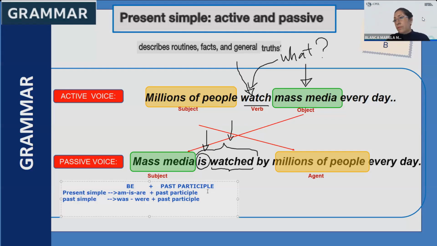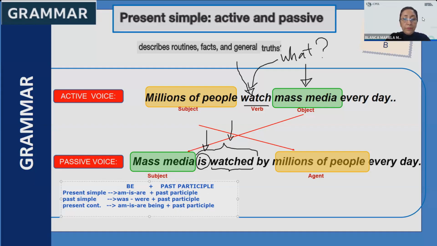For example, present continuous. In present continuous, you say the verb to be am, is, are, being, plus the past participle. Am, is, are, being, plus the past participle.